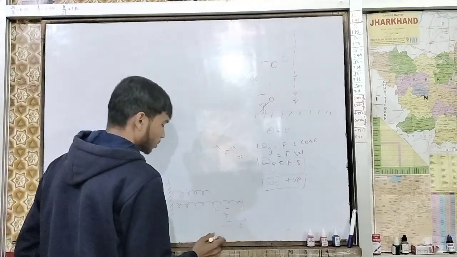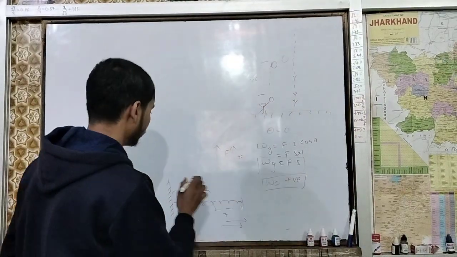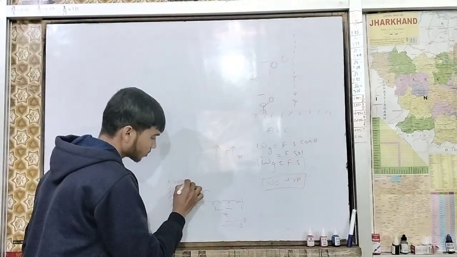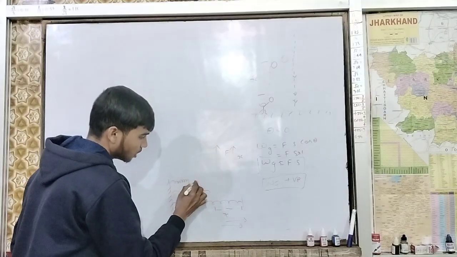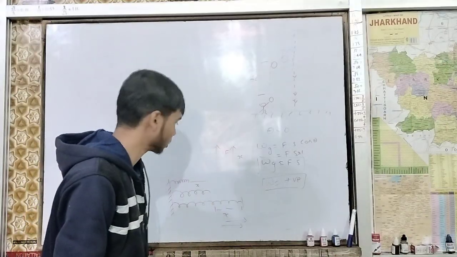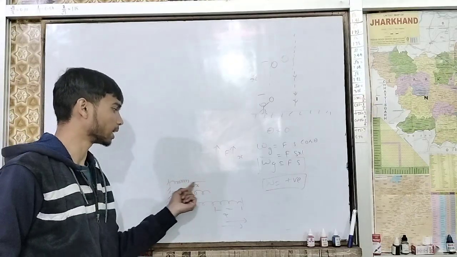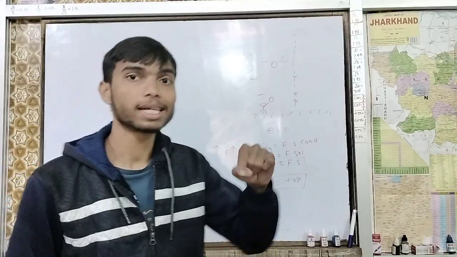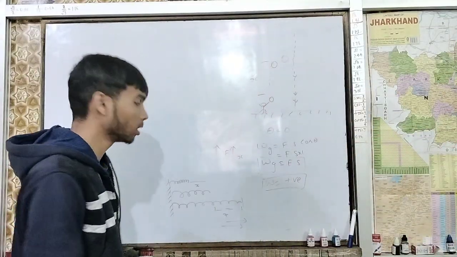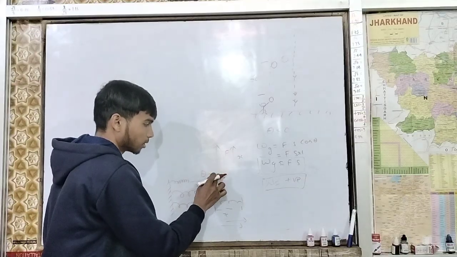The reason is the force is the same. If you push the spring, then what will happen? The displacement is in this direction, and we applied force in the opposite direction. So here theta will be 180, remember.